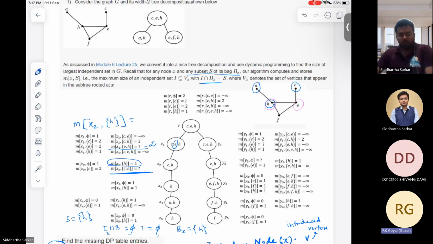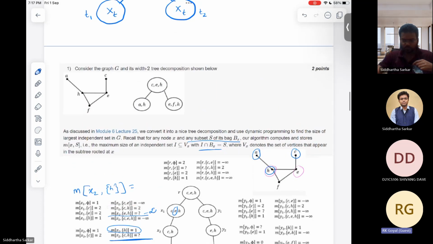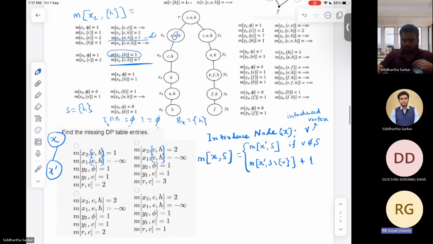So I think that some modification can be made in this rule. Can you please scroll it down a little bit so that I can see that formula which you wrote, the recursive formula which you wrote for this node. Yes, so here we can write that if V is an element of S, then the first thing is applicable. And if V is not an element of S, then the first rule.